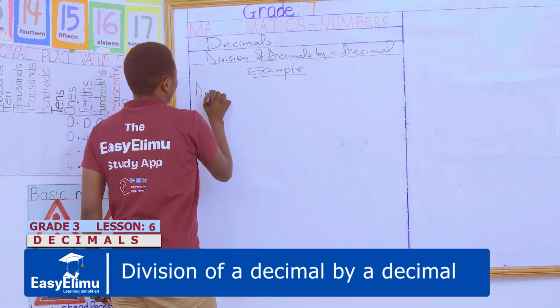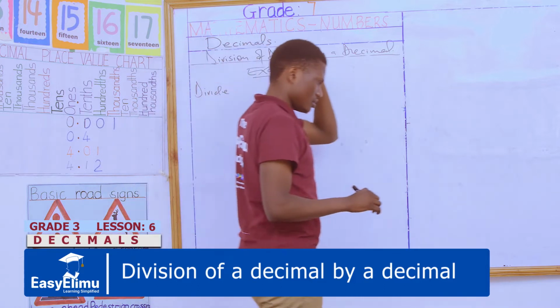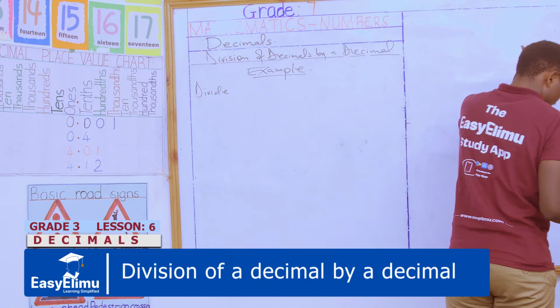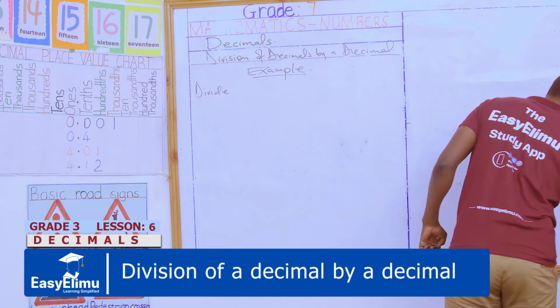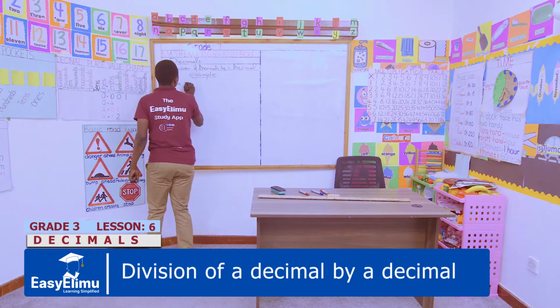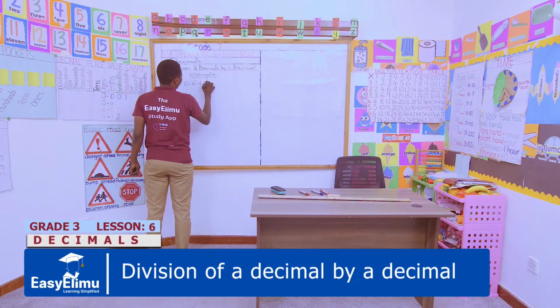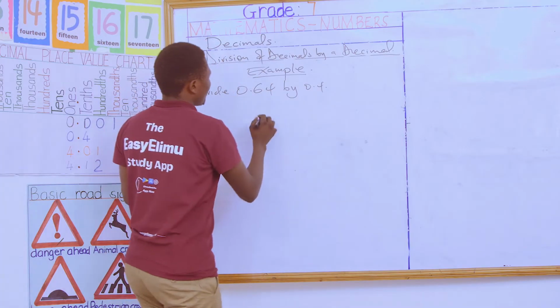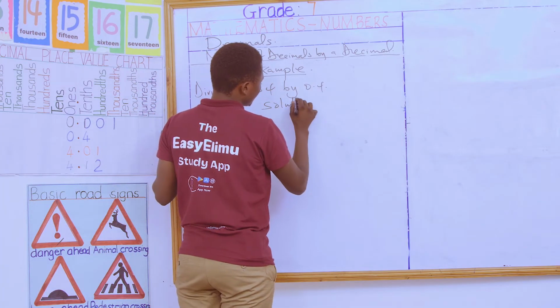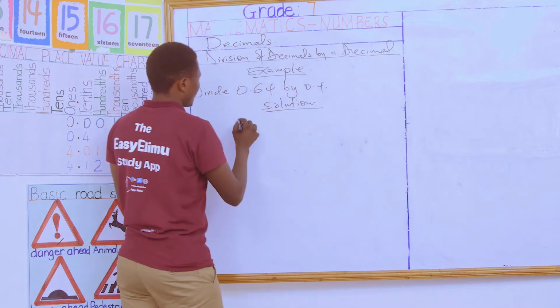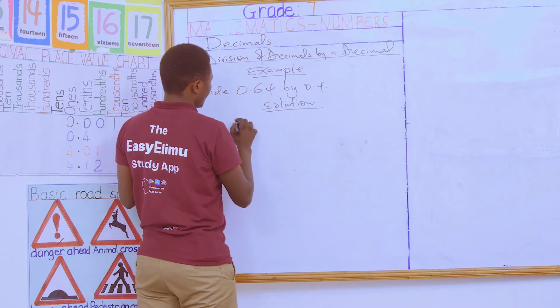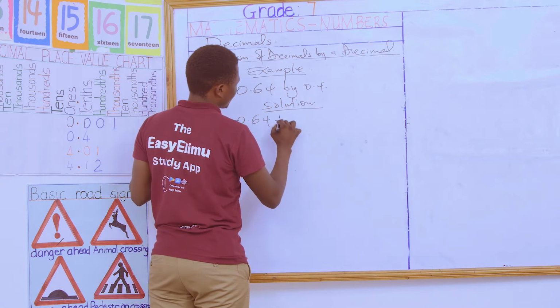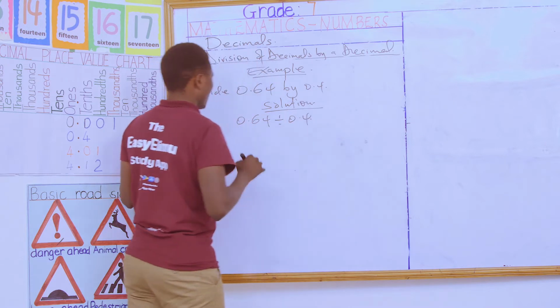Divide 0.64 by 0.4. Solution: first of all, we simplify our equation. That means it is 0.64 divided by 0.4.